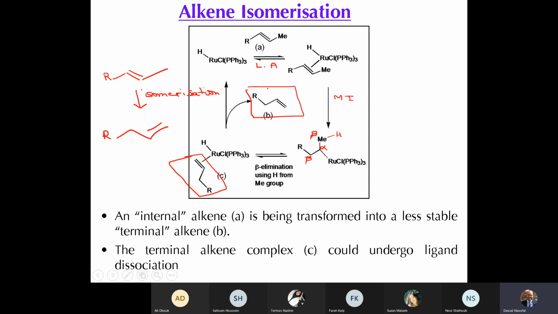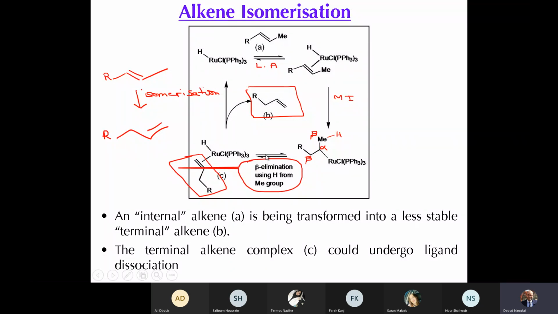So what is the key of the alkene? When you have alkene hydrogenation, you think directly about the migratory insertion. When you have alkene isomerization, you think directly of the key step, which is the beta hydride elimination.